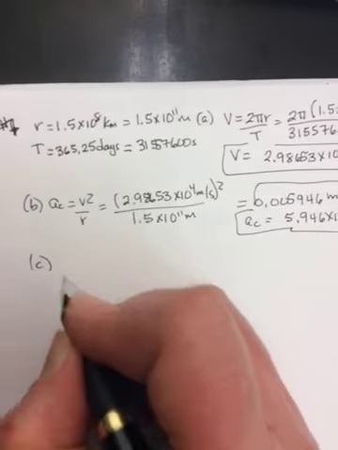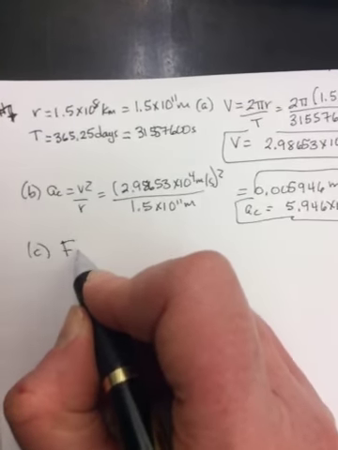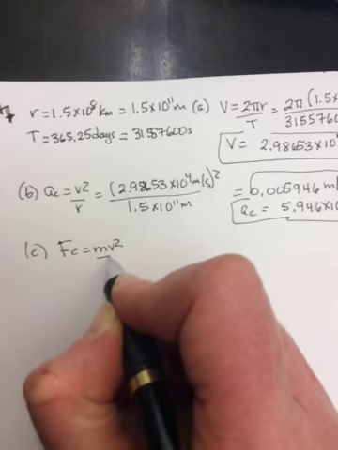All right, and then part C, what is the size of the centripetal force of the Earth? So we know centripetal force is equal to mv squared over r.